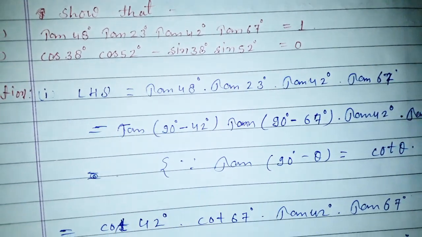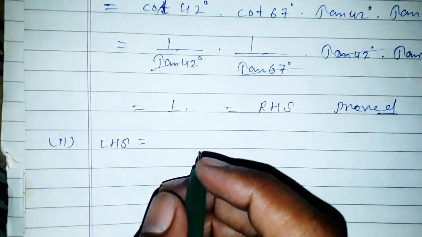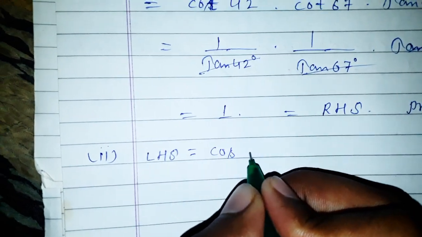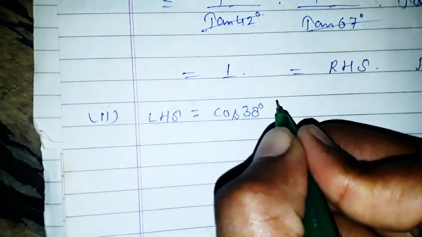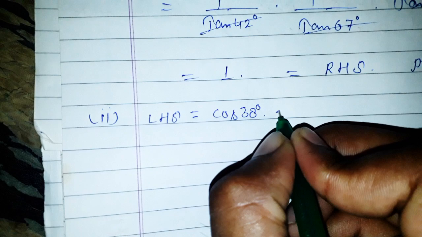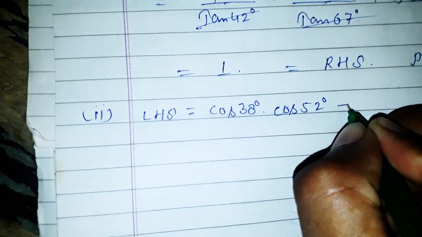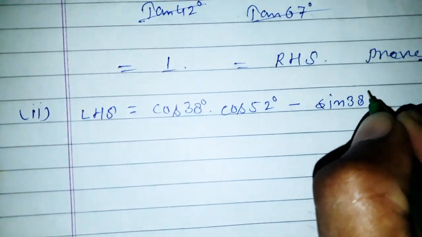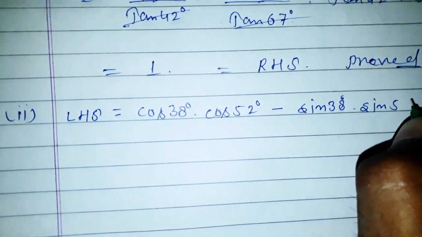So write down here, LHS is cos 38 degree into cos 52 degree minus sin 38 degree into sin 52 degree.